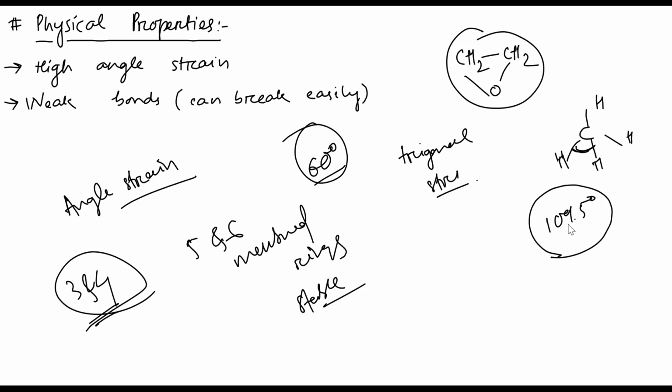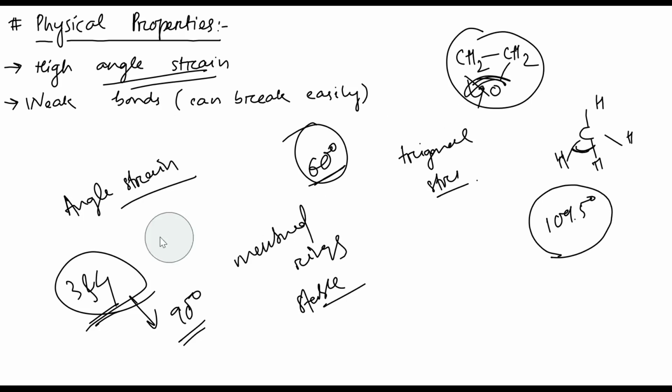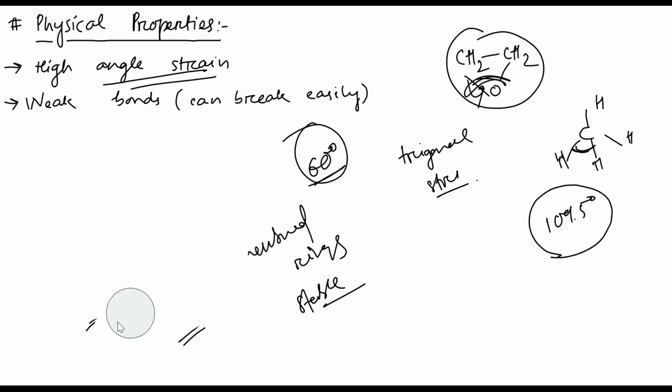So there is so much angle strain. Due to this angle strain, the bond is weak, so it easily breaks. Then we will see the chemical properties and the reactions.